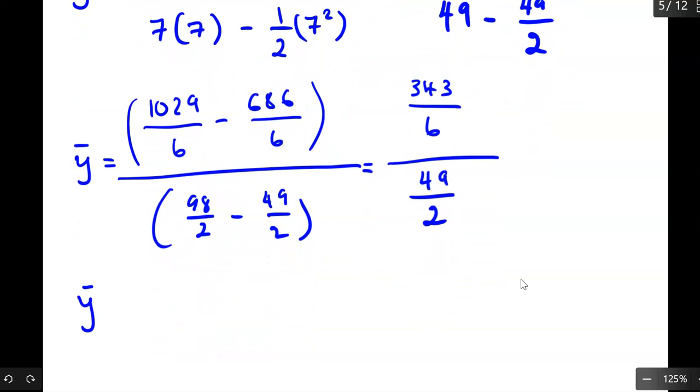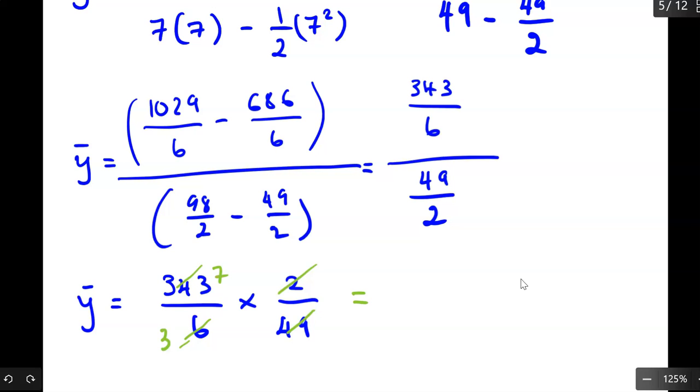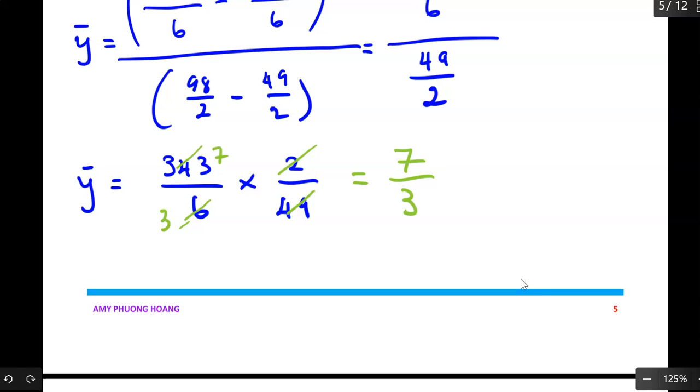So y bar will be equal to times 2 over 49, and then this and this cancel, should be 3, and this cancels, should be 7. So I should have 7 over 3 for y bar.